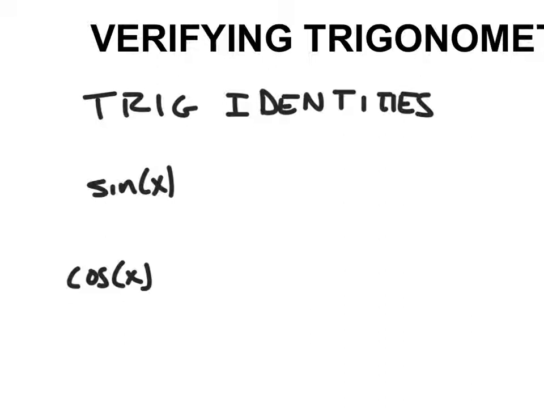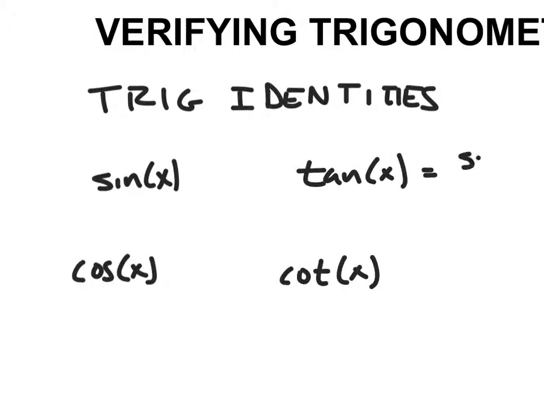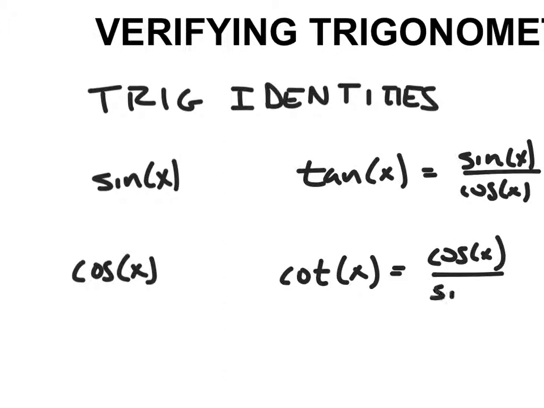But the other thing I want to talk about is tangent of x and cotangent of x. Tangent of x, remember, is sine of x over cosine of x, and cotangent is cosine of x over sine of x, okay?